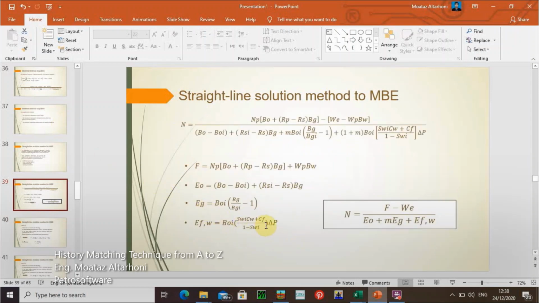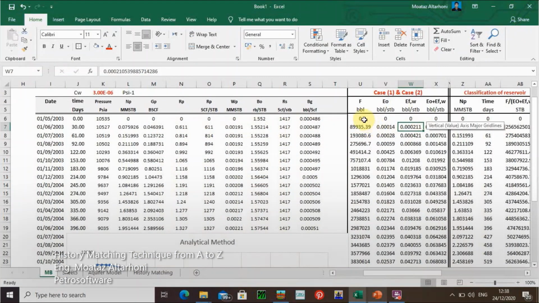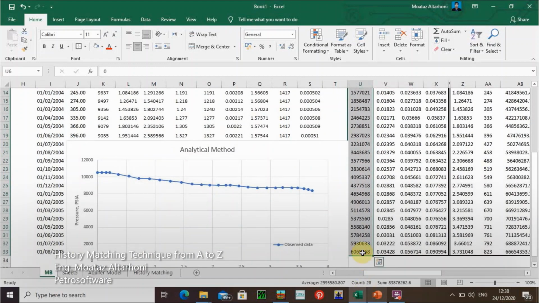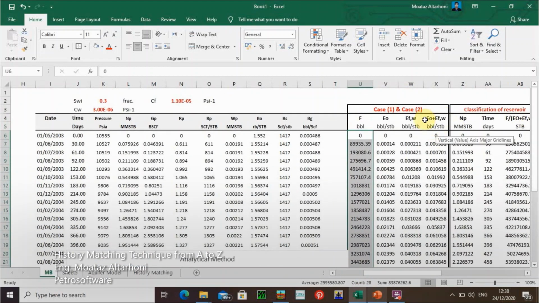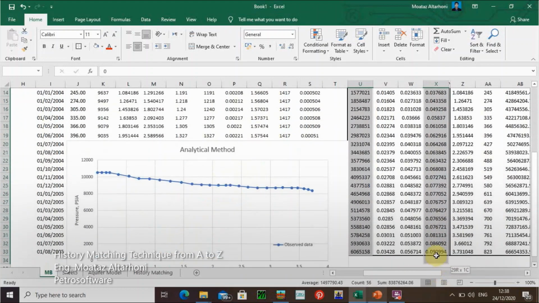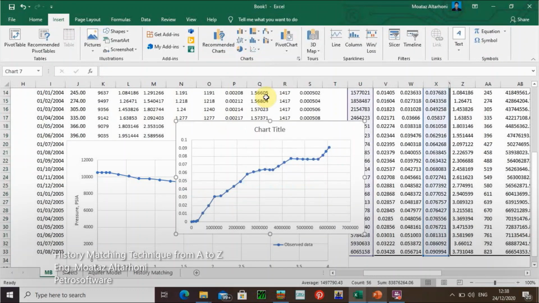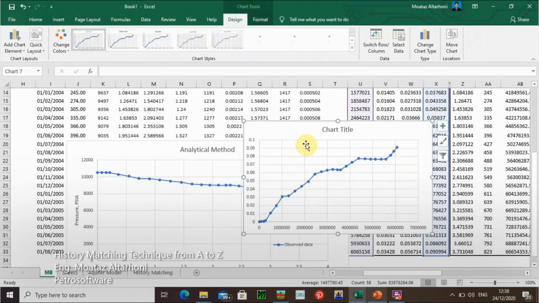Now I add the rock and water expansion, initial water saturation and the change of pressure. So now I need to plot F versus epsilon O plus both of these two terms. Then we will calculate the second value for original oil in place. This is case 2.